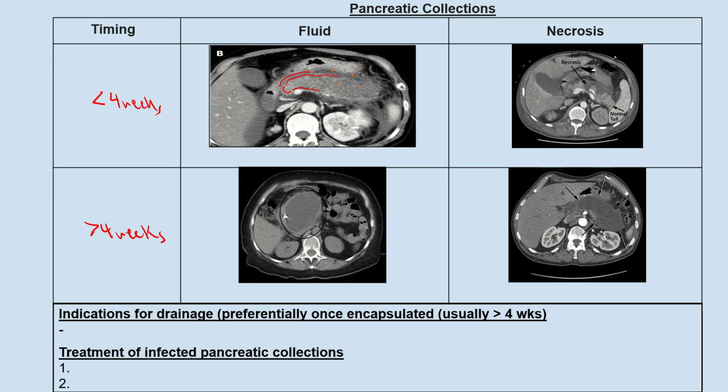Right here is going to be fluid collections, that's in this arrow around the pancreas, and this is called acute pancreatic fluid collections. Now, over a long time, these can mature. They can develop a fibrous capsule, an inflammatory fibrous capsule around it. And after 4 weeks, if these persist, this is going to be called a pancreatic pseudocyst.